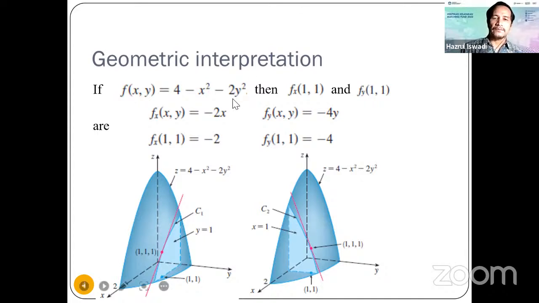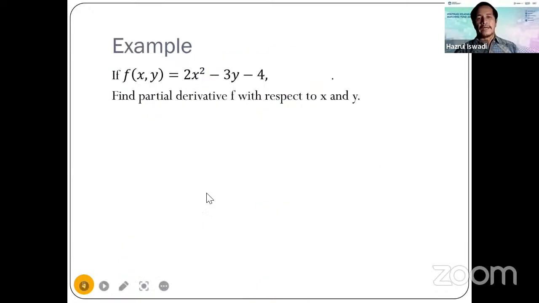But we must know which variable is to be differentiated, and which others are constants. In this case, with respect to x, it means that y is constant. On the other hand, with respect to y, it means that x is constant. Okay, we practice this example to make us know well about partial derivatives.